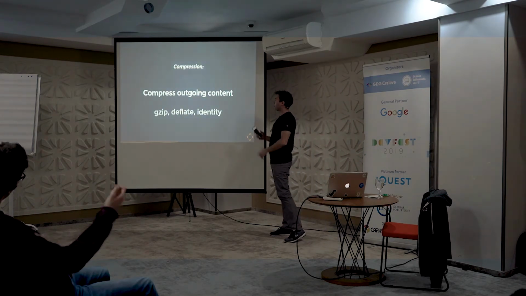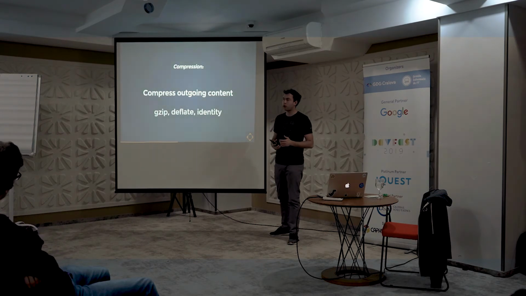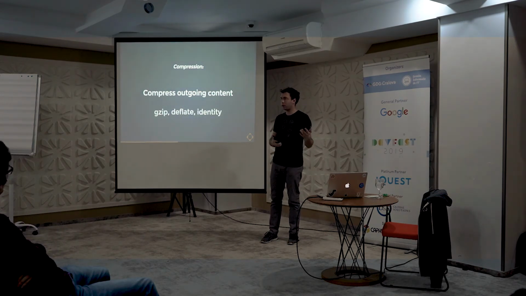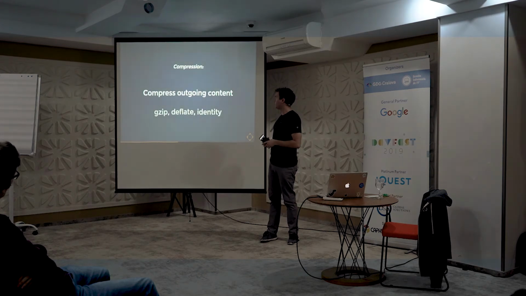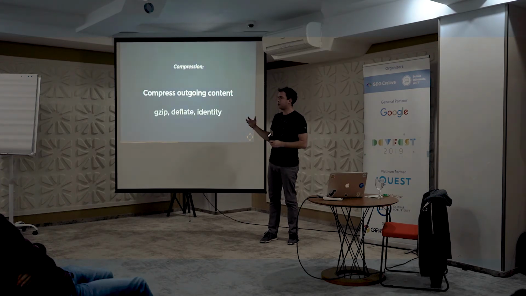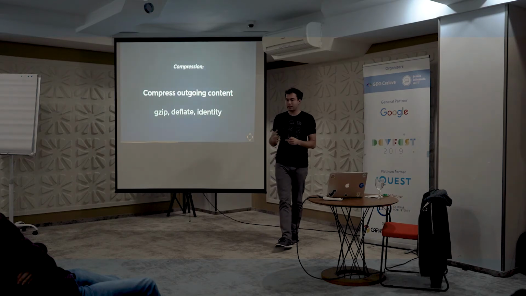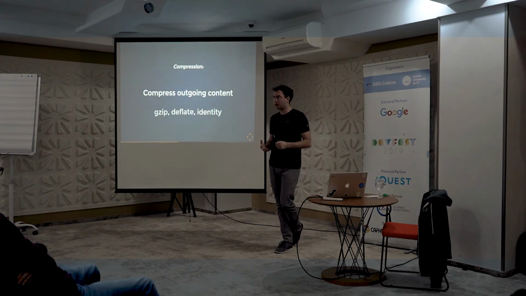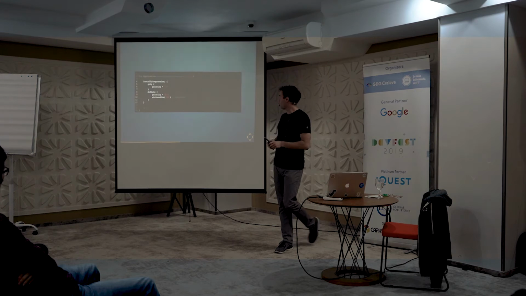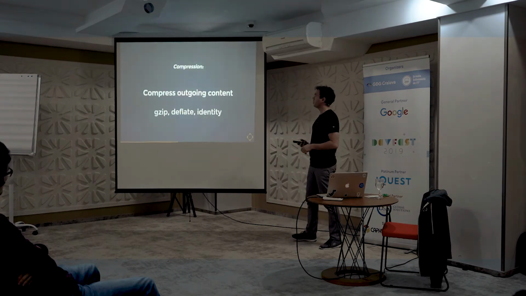Then compression. Compression is really important, especially for example on mobile devices or even for web if you're doing a lot of requests, because it helps the speed of the website or the app by compressing the content.